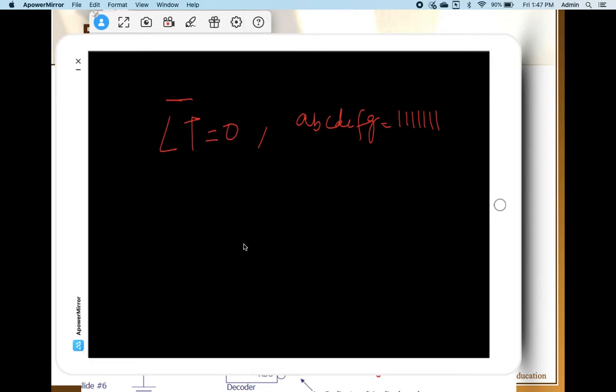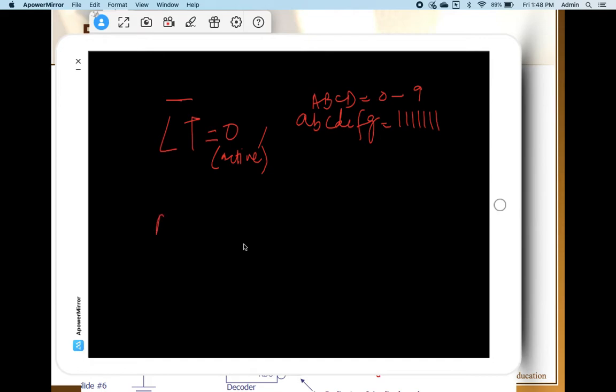All of these segments will be high, no matter what the input is. It will be overridden with these values. Obviously 0 means that it is active or enabled. If LT is 1, then it doesn't matter. Whatever is the input will be the output.